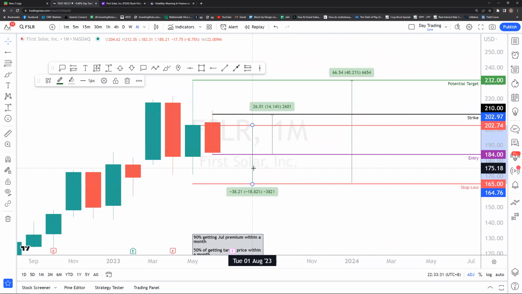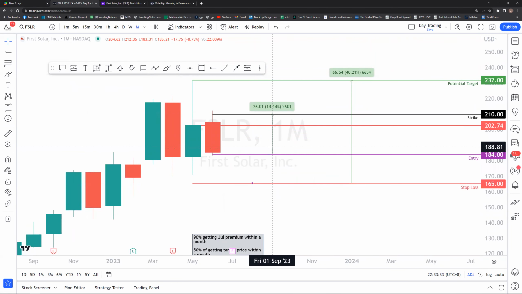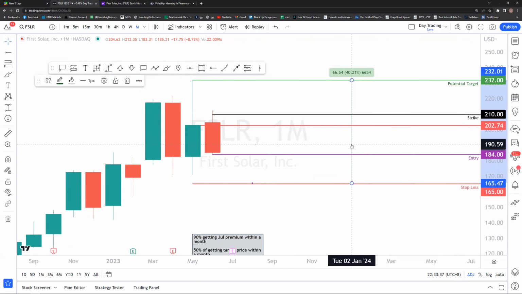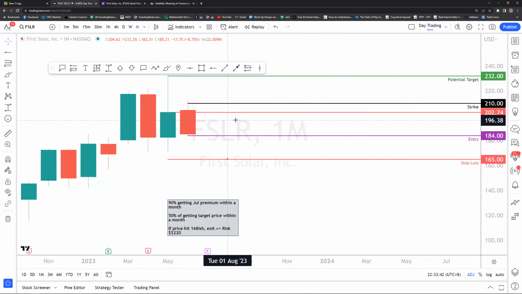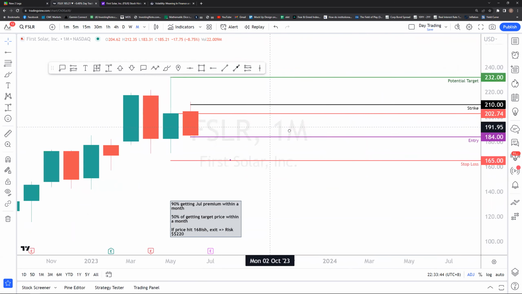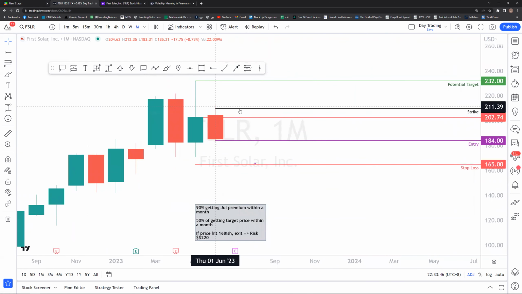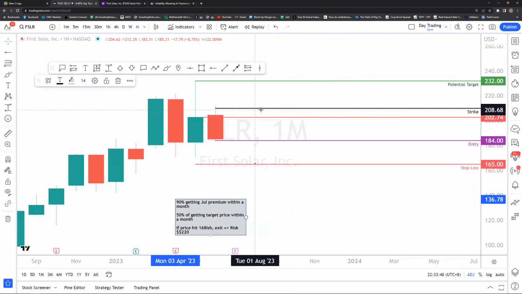So now let's take a look at the best case scenario. The best case scenario is within the next 1 month, you get the premium on the June side call.